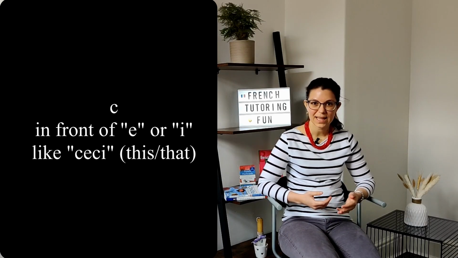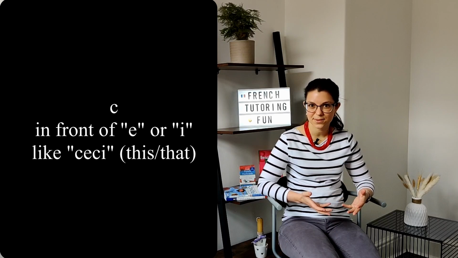So now let's see the consonants together. So we've got the C. C is pronounced S in front of an E or an I, like ceci. But it will be pronounced differently in front of other vowels.